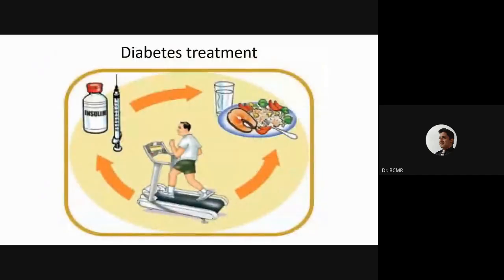So what is the treatment for it? I want to use this slide to tell, and also in daily life, how we should actually try to shape our daily life. If somebody is having diabetes, if it is type 2 diabetes, then we should manage our food intake.